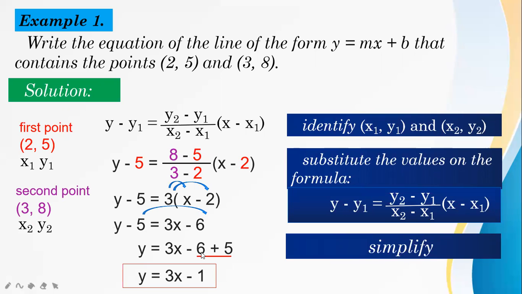Because negative 6 plus 5, the answer is negative 1. Why negative 1? Because 6 is greater than 5, and copy the sign. So therefore, this will be your equation of the line of the form y equals mx plus b. So your m is 3, your b is negative 1.